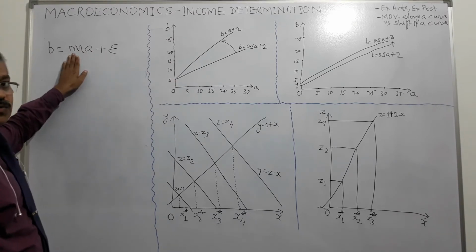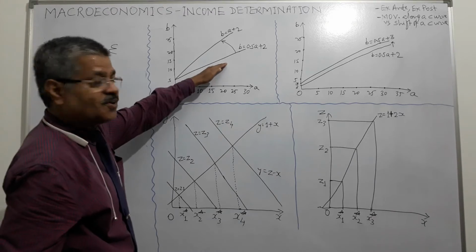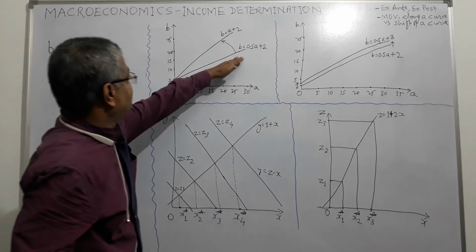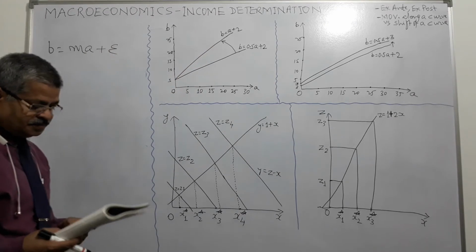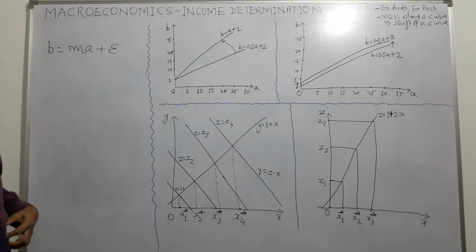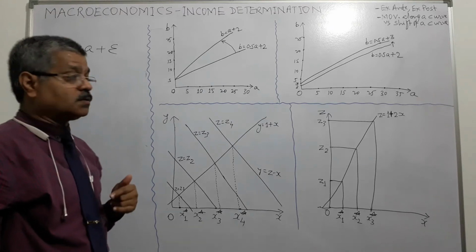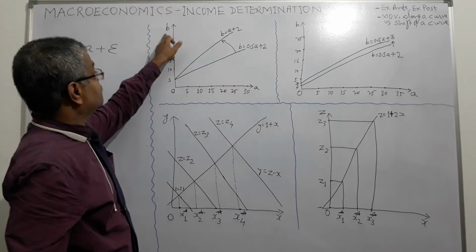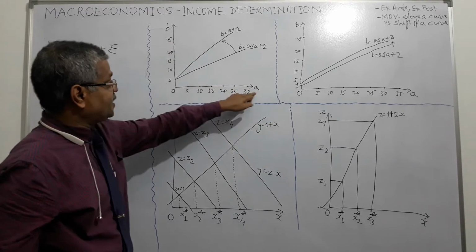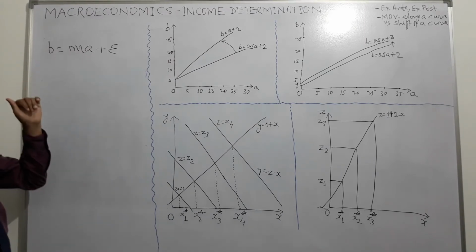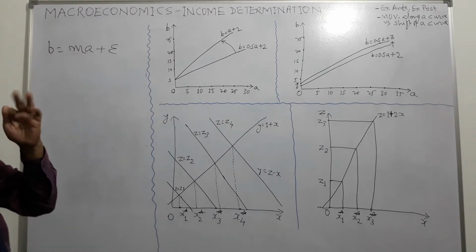Both of these, M and E, remain in the background because they are not mentioned as variables. They are not treated as variables here. They are treated as in the background. But they have got a very important role to play.